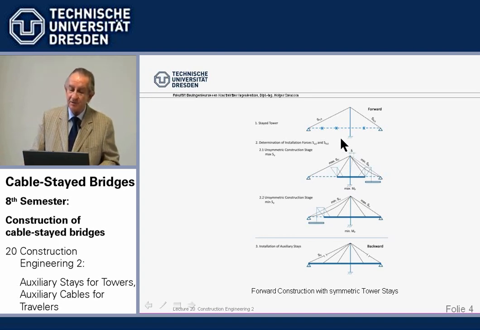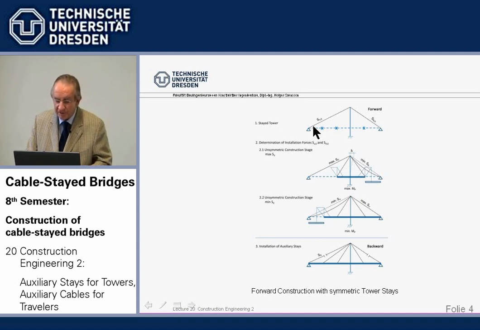How do we determine the auxiliary stay forces in the tower? Well, we install with a certain forward-backward zero force, which we determine in such way.